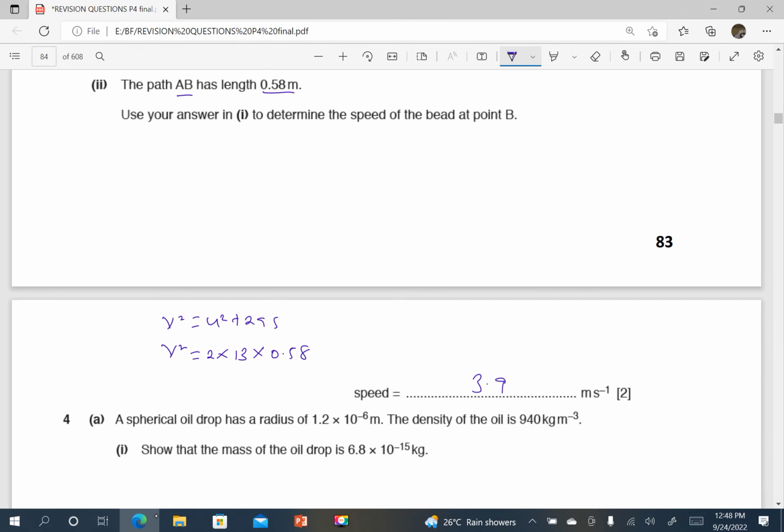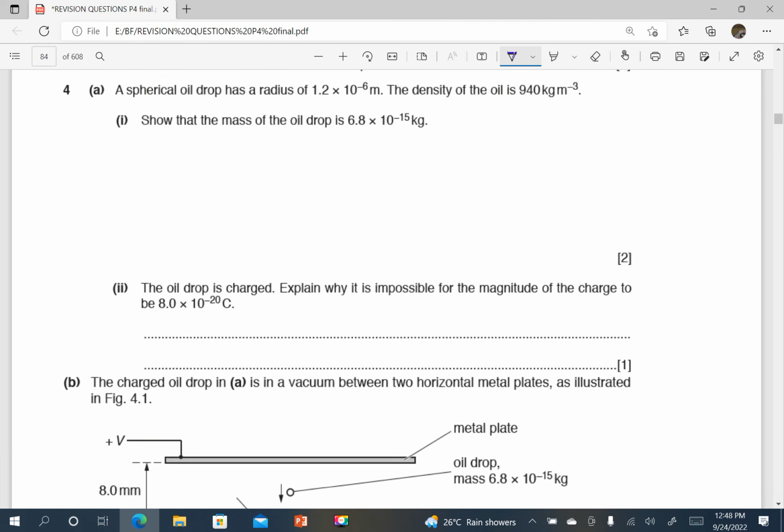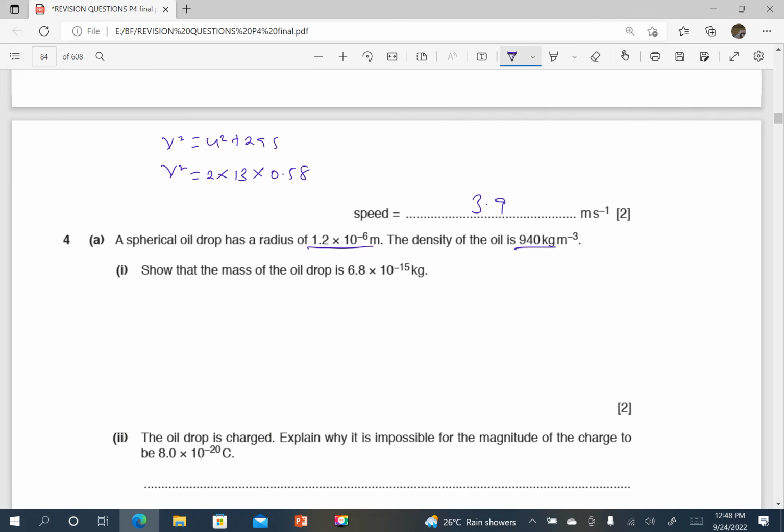Okay. Next. A spherical oil drop has this radius. The density of the drop is that. Show that the mass of the oil is that. I think that is an easy question. Mass is equal to density times volume. The density is 940.